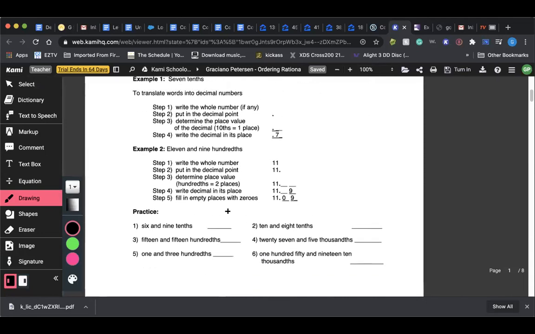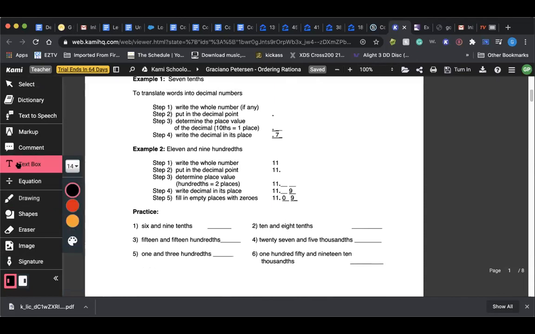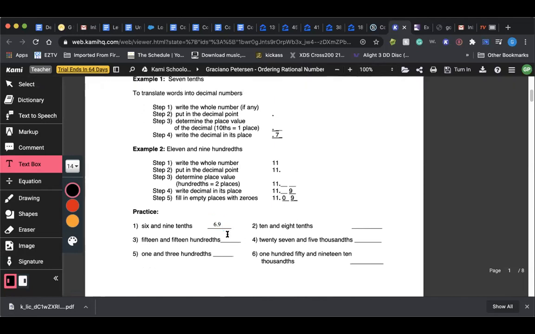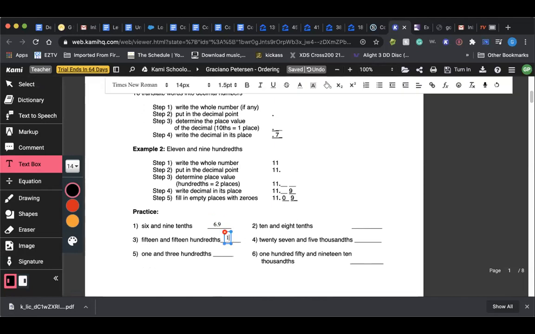And then I get down here and I need to put some information in. I use the text box on the left, and then I click it over here on the right, and I can just start answering my questions just by using the text box feature. So then I can just put in my notes as I go.